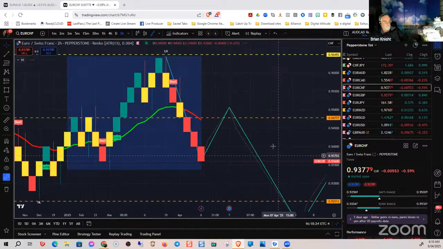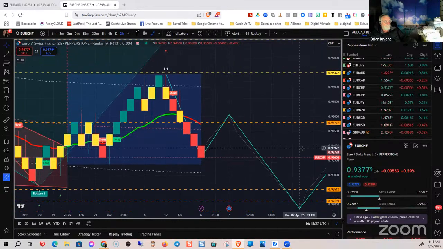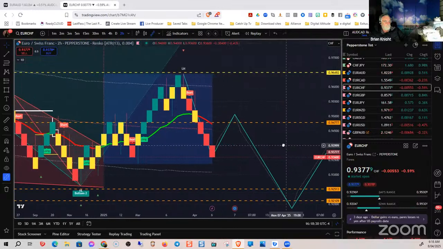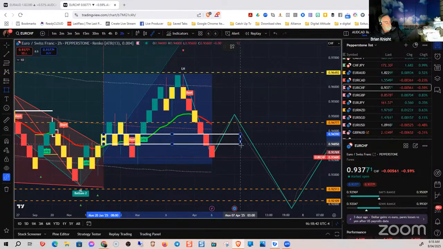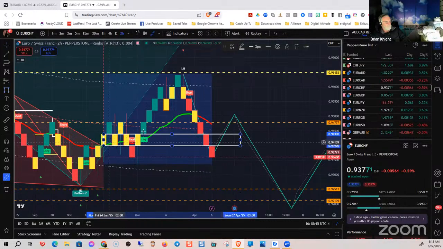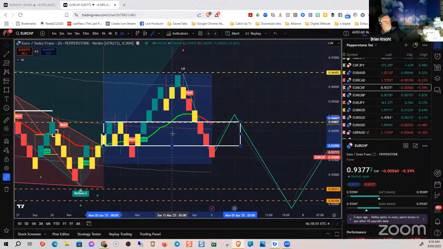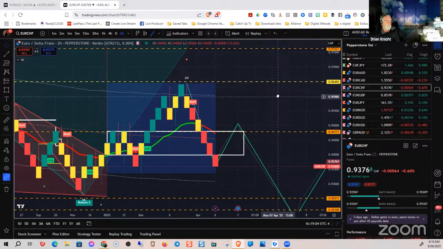Euro CHF. Look at what it's potentially doing.